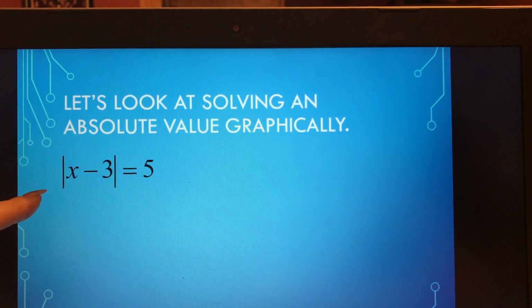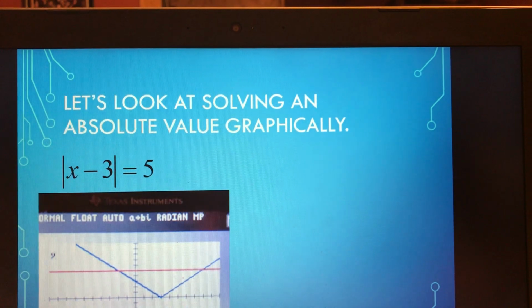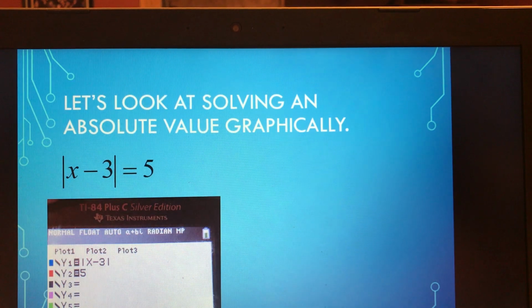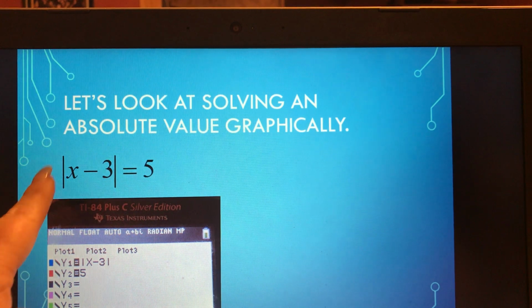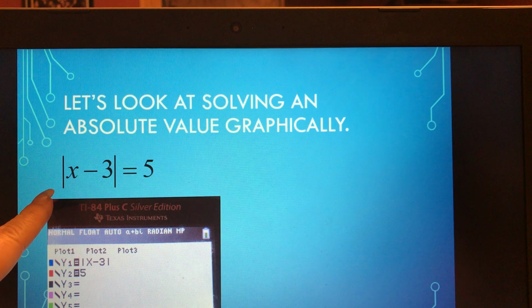The way that we're going to do that is you're going to go to y equals, and in y equals, under y sub 1, you will put the left side of your equation, the absolute value of x minus 3.